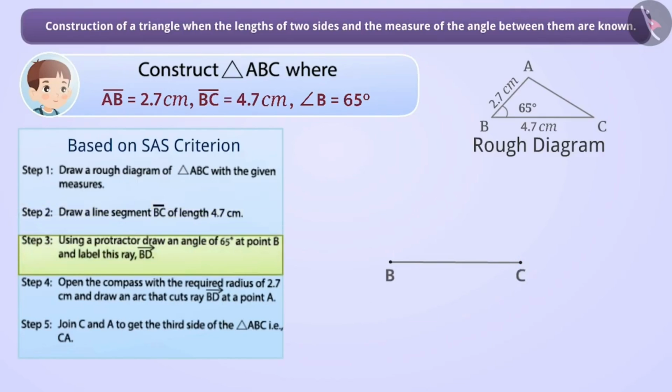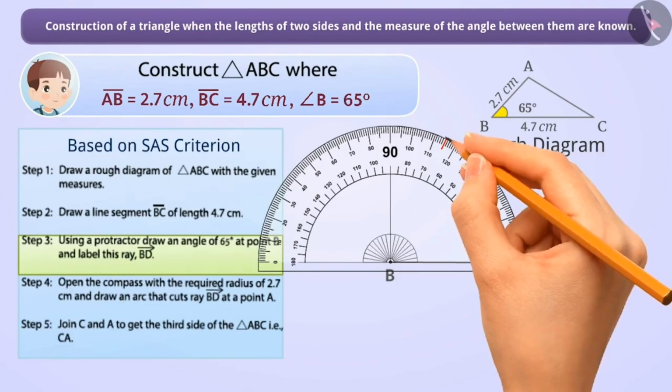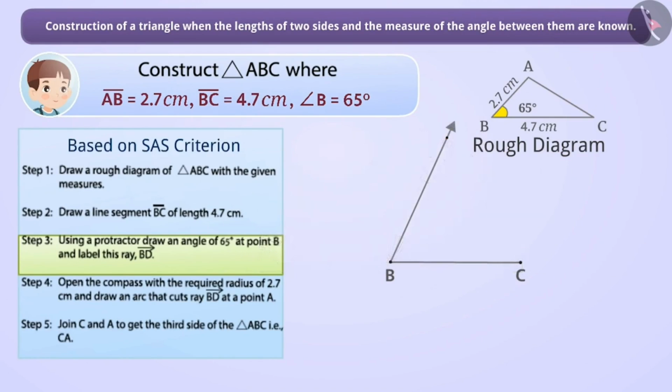Step 3. Here we have sides BC and AB and the angle B measuring 65 degrees included between them. With B as the center, draw an angle of 65 degrees with the help of a protractor. Draw a ray at point B. We will label the ray BD. The ray BD makes an angle of 65 degrees with the line segment BC.